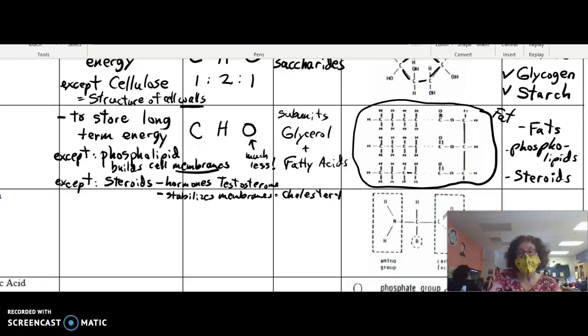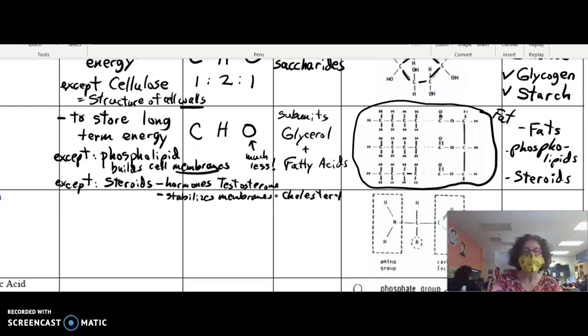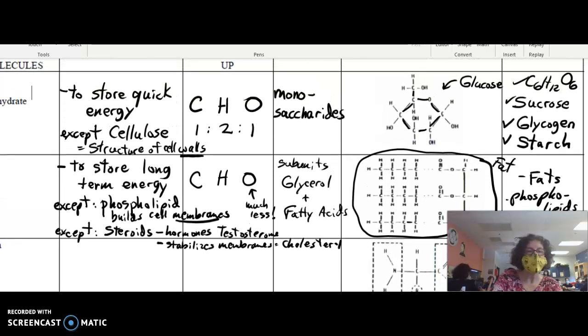All right, and that is all I wanted to fill in because we haven't done anything else yet. So we have filled in the parts of the carbohydrates and the lipids just to help you have an organizer in your mind for these molecules. And we're going to learn about proteins today, so we'll be able to fill in the parts about proteins next week. Proteins and then nucleic acids we'll do today and next week. Okay? All right. So I hope that was helpful.